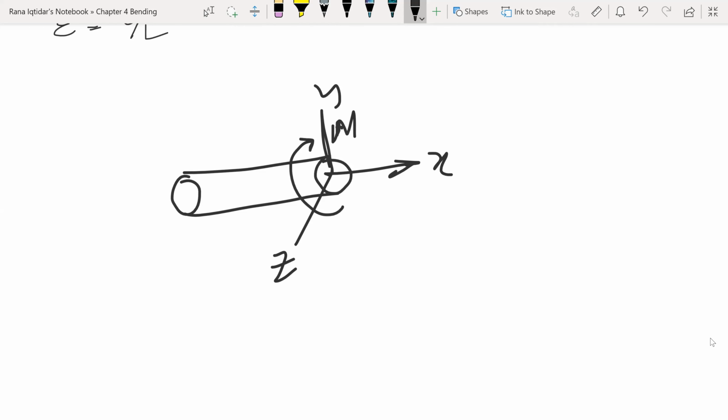Rest of the moments in the direction of Y and direction of Z cause the bending, while the torque that is along the x-axis causes the rotational effect, right?